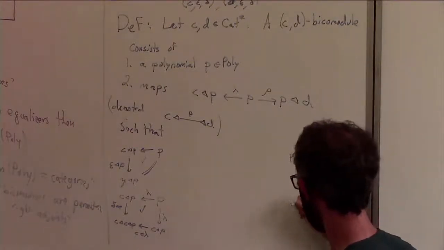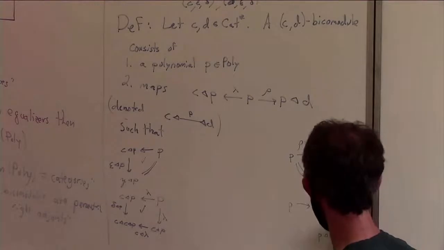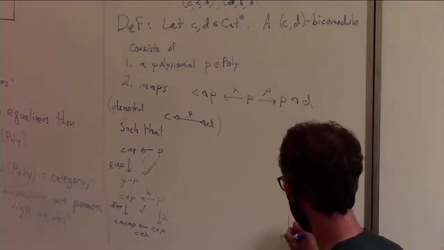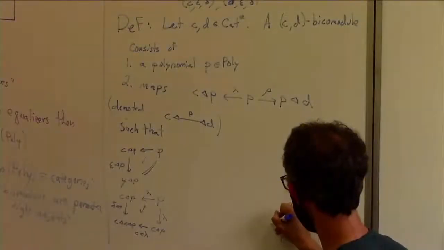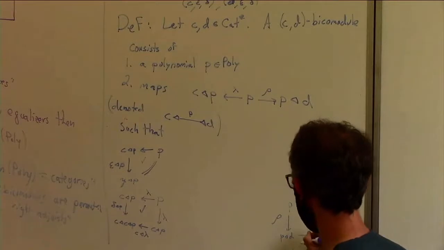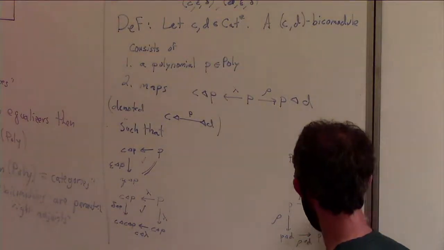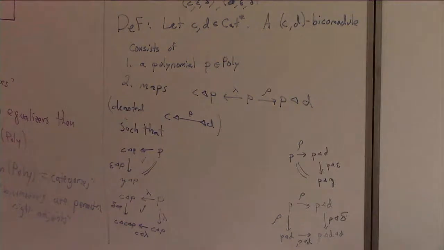P to P composed D to P composed D composed D. This one is rho, this one is rho composed D, and this one is P composed delta. Sorry, it looks so similar. You really have to stare at these because a lot of the letters are so similar.